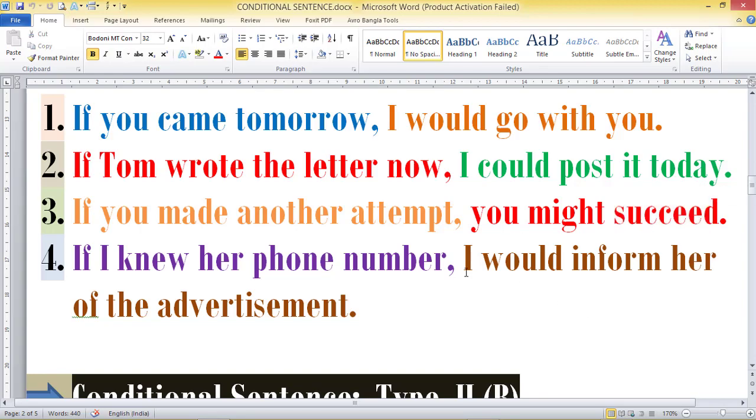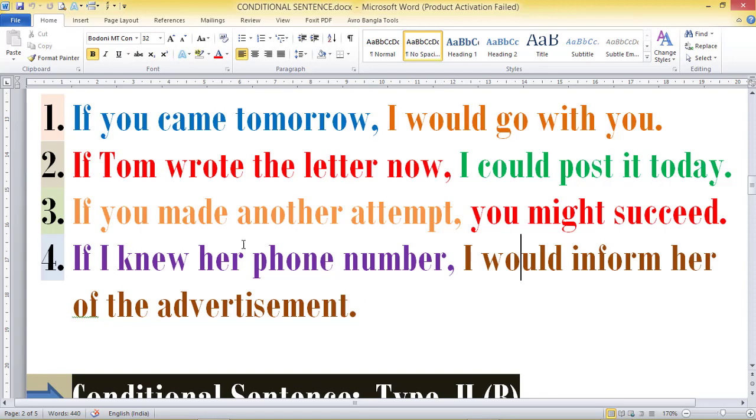If you made another attempt, but there is no possibility of attempt here, the action here is not impossible, it is possible, but there is no possibility of the action happening.